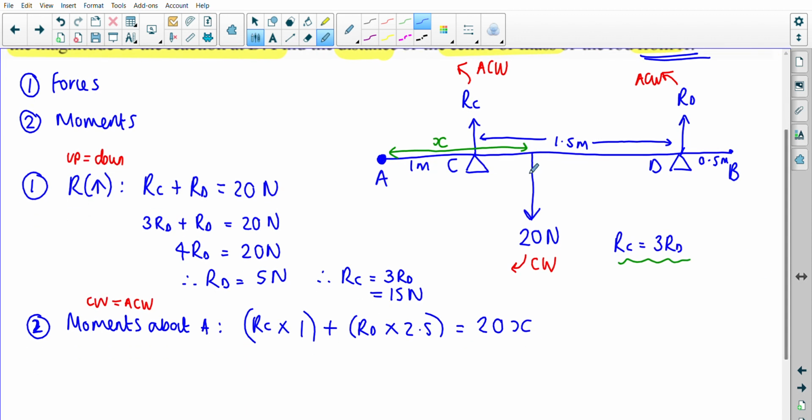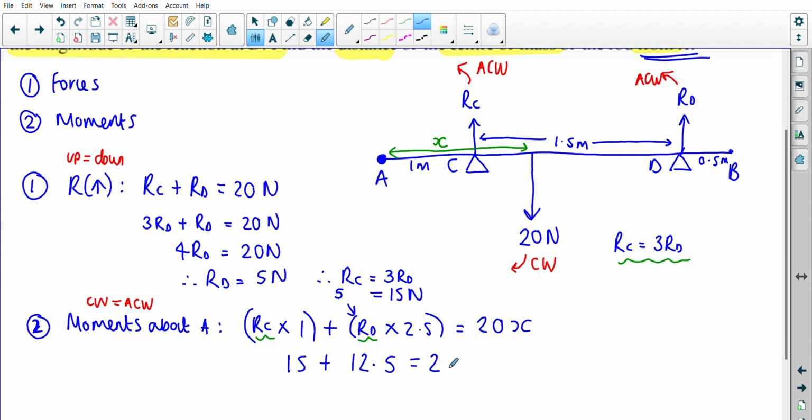Now I can put in the reactions which I've just found, so it's going to be RC times 1, so 15, plus RD times 2.5, so 5 times 2.5, so I'll just put that there, that was 5. So 5 times 2.5 is going to be 12.5.